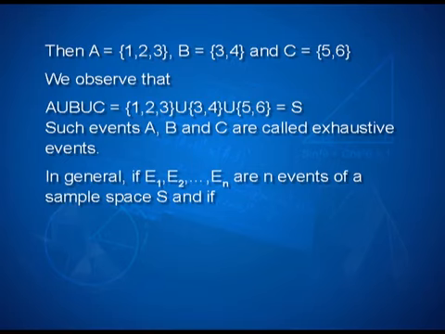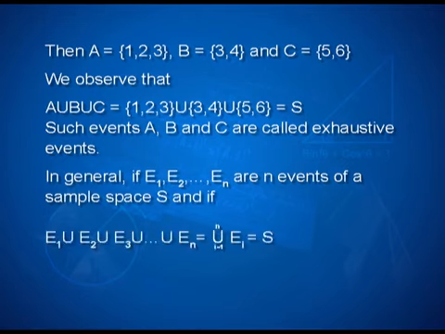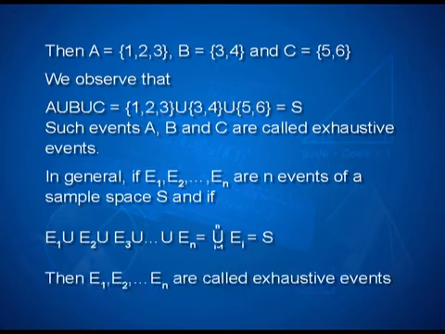In general, if E1, E2 and so on En are n events of the sample space S, and if E1 union E2 union E3 union and so on union En, which is union i from 1 to n Ei, is equal to S, then E1, E2 and so on En are called exhaustive events.